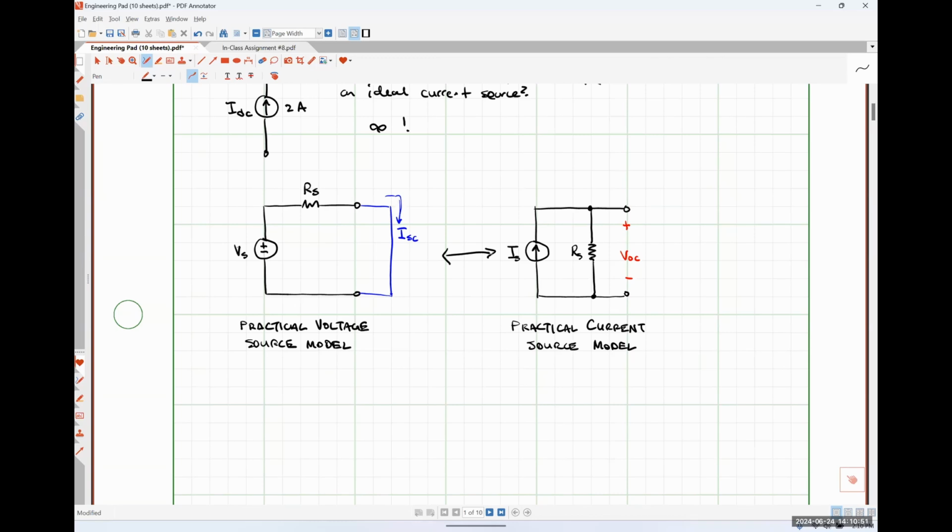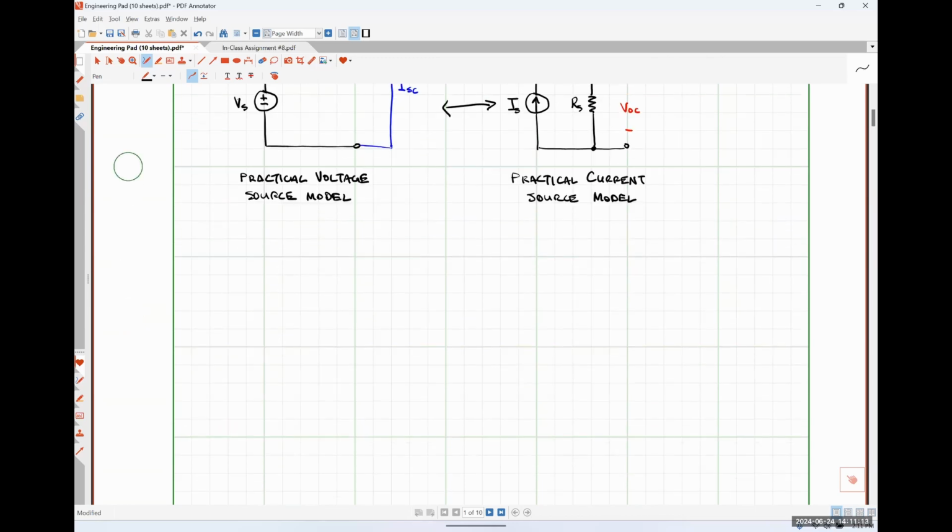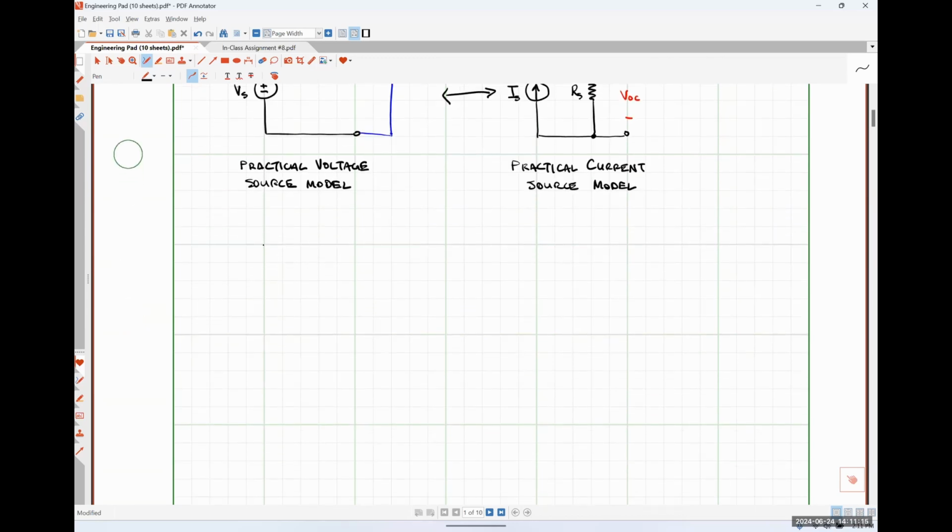Okay. So in order to figure out what those rules are, we are going to look at a practical voltage source connected to some arbitrary load resistance and a practical current source connected to some arbitrary load resistance and see how the voltages and currents and powers compare. Okay. So on the left-hand side here, I'm going to have a simple practical voltage source, Vs in series with Rs.